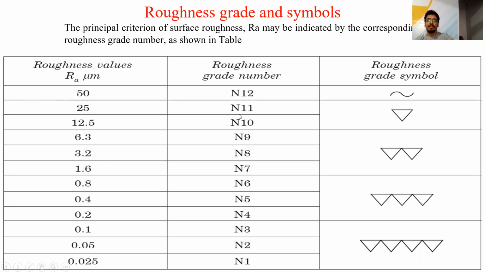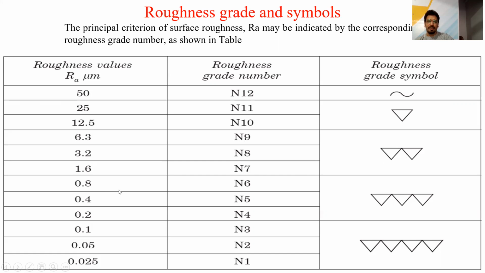Then next is N11. It is up to 25 micron, and the symbol of roughness is an inverted triangle, only one triangle. Next, 12.5. It also falls under the same roughness symbol, and it is represented by N10. Then 6.3, N9, and N9 to N7 are represented by a double inverted triangle.